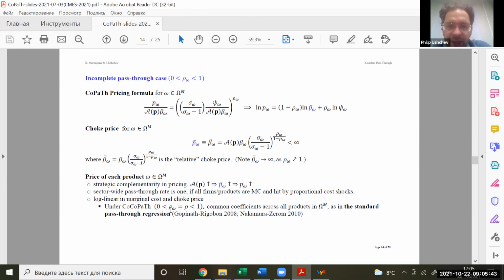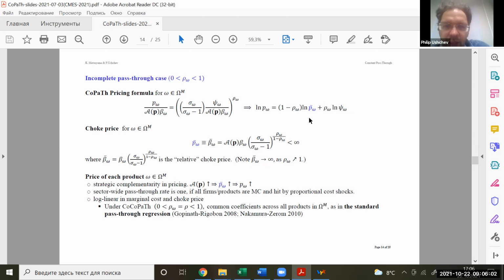Under COCOA-Path, it literally becomes the standard pass-through regression because this coefficient now becomes common across firms, so we could really estimate it as a regression coefficient.